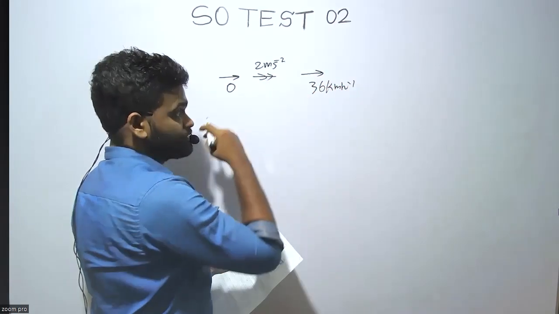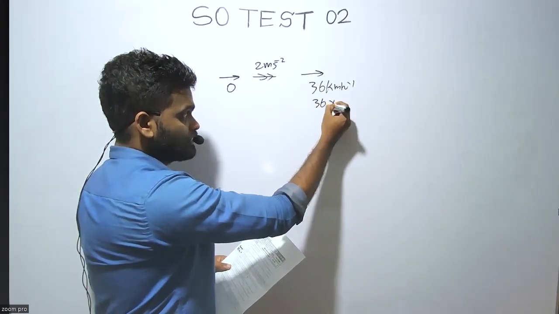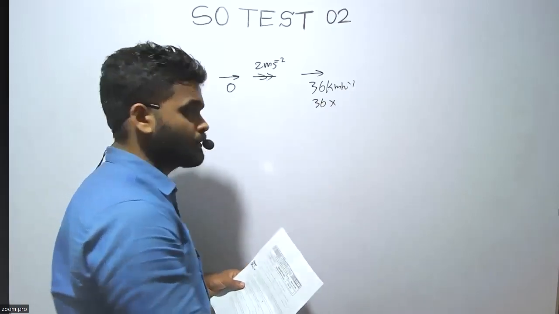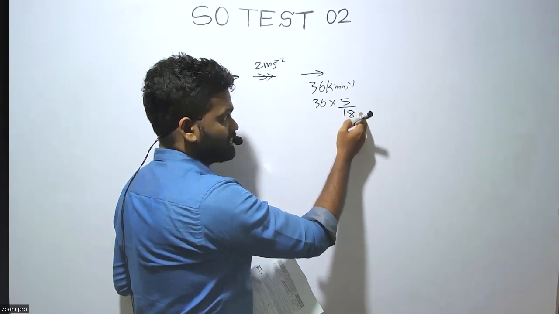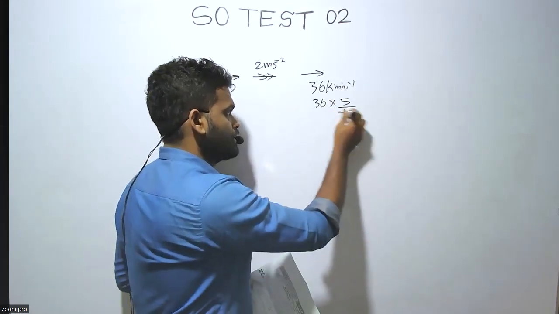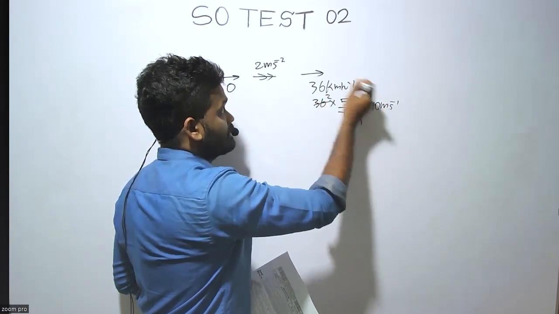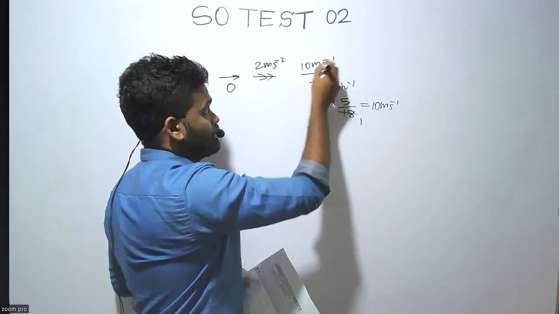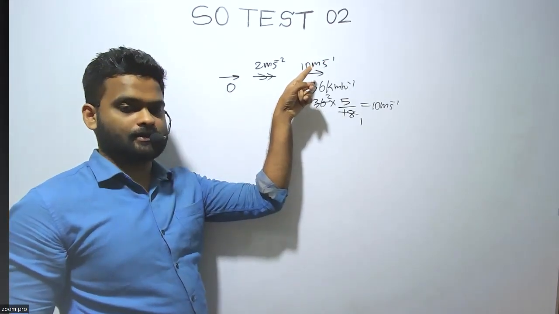This should be in meters per second, so you need to convert it. To convert kilometers per hour into meters per second, you multiply by 5 over 18. So you need to know this. 36 times 5 over 18 is 10. So after this acceleration, it gains a velocity of 10 meters per second.